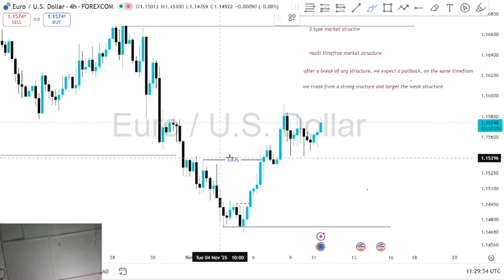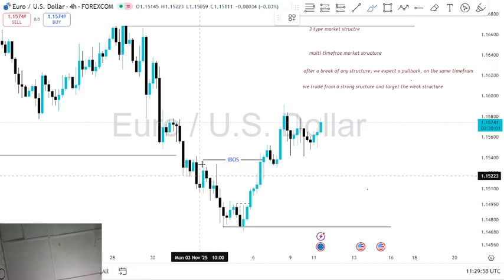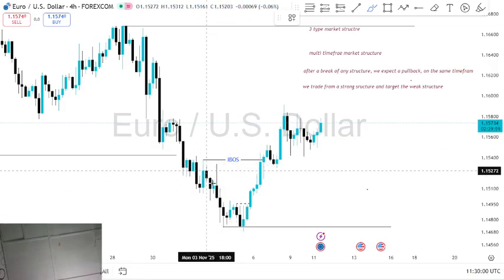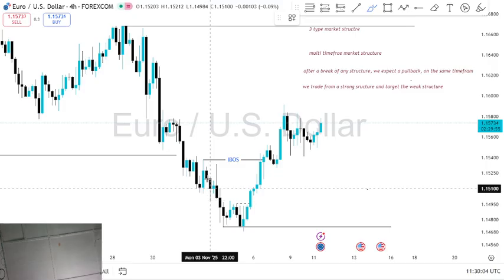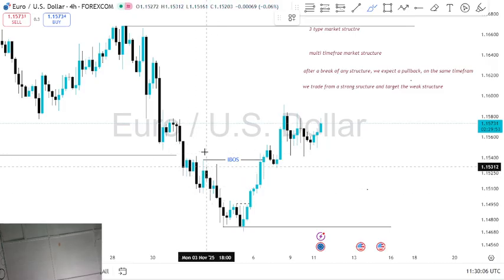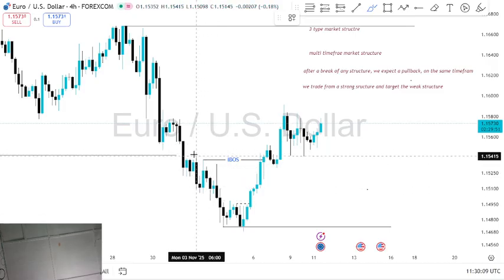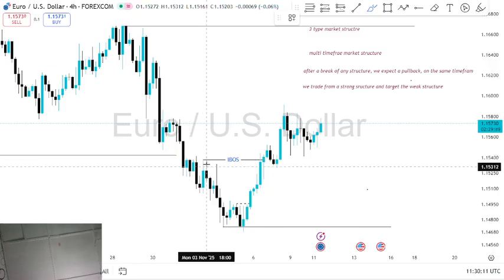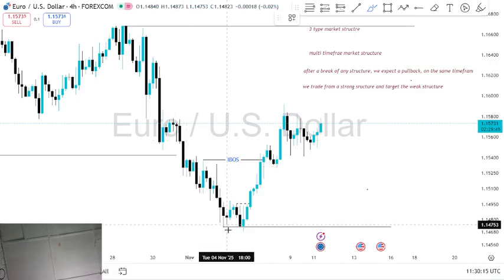So the reason why we don't expect it to be broken is because this place, the strong structure, is a strong structure because it caused a break of structure. And when it's a strong structure, it means there was bank and institutional involvement at this zone here, right?